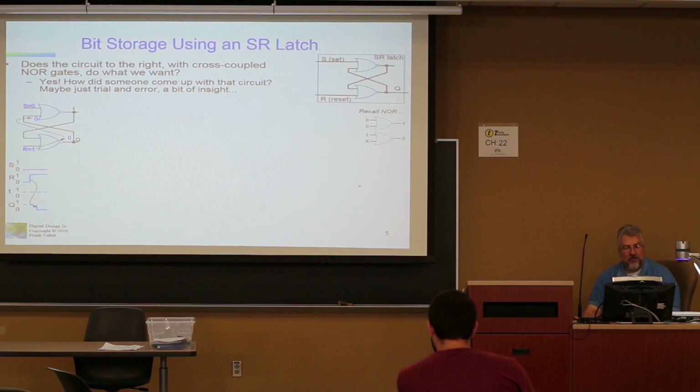What happens? Well, this forces Q to 0, because look at what we have here. S is 0, this input was unknown, and R is now changing to 1. So a NOR gate means that this output with a 1 will go immediately to 0. Do you agree?